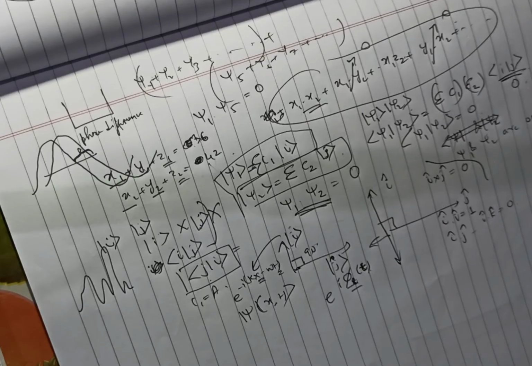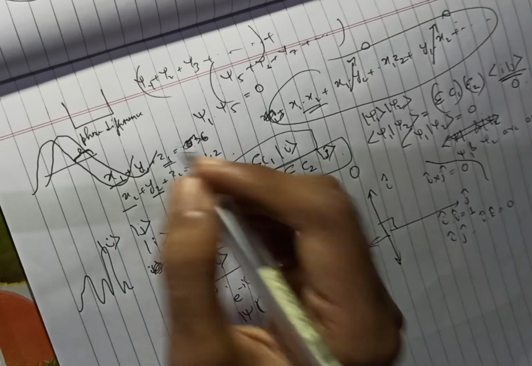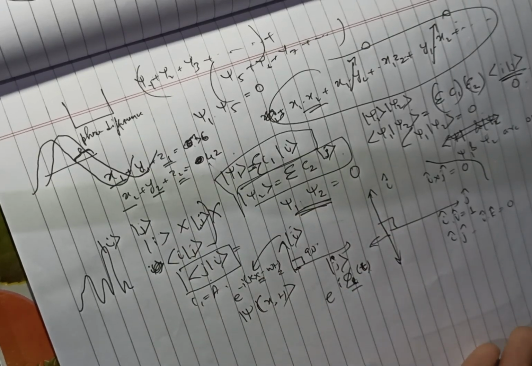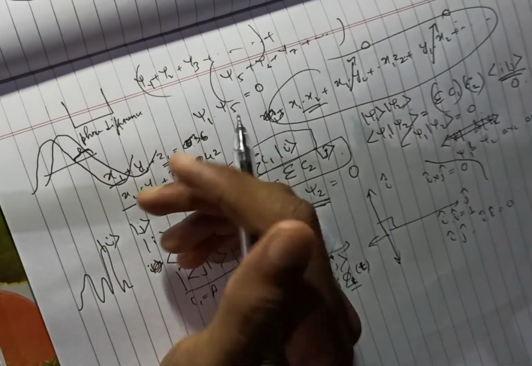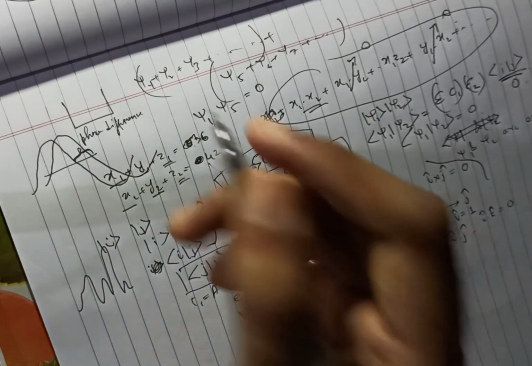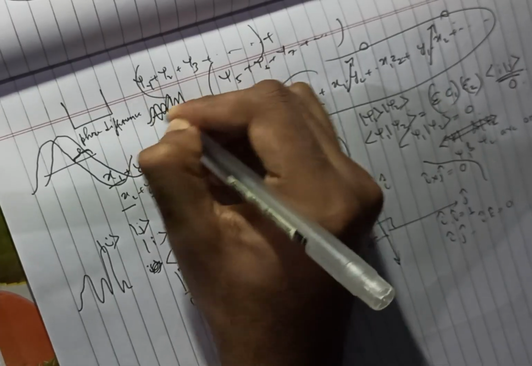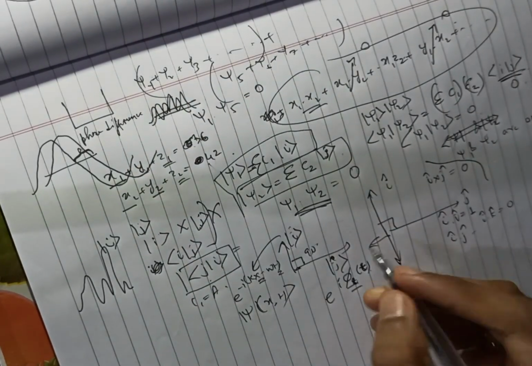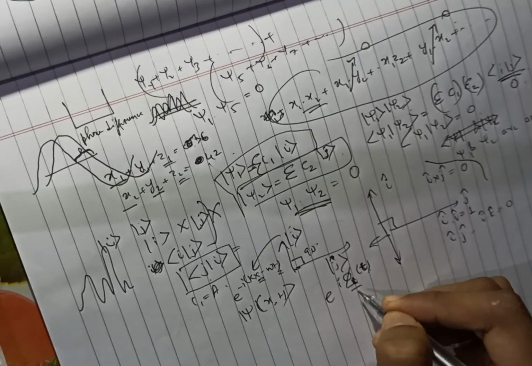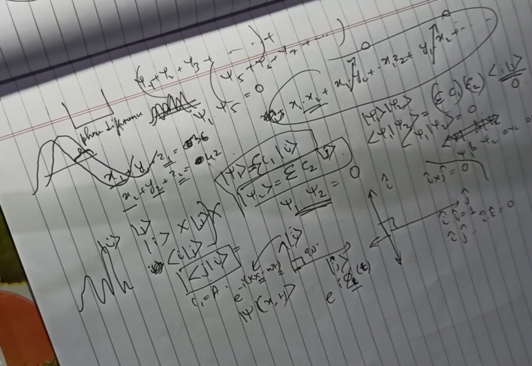Now the question is, is the time part integral to the phase angle phi? Yes, because if the wave does not progress ahead in time, then there is no phase difference. Phase difference comes only if one wave goes forward and the other wave travels a bit backward, only then a phase angle can come. So the time part is integral to the phase angle phi; it's more of an intuitive kind of thing.